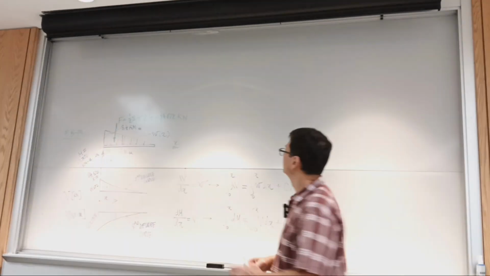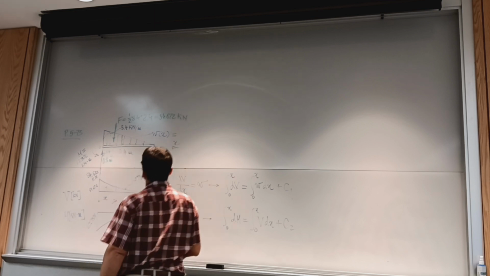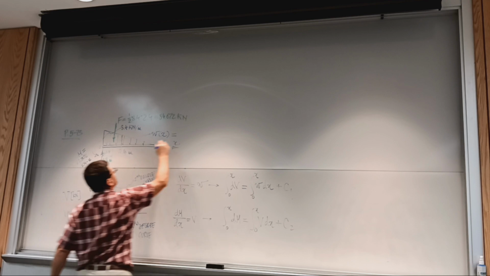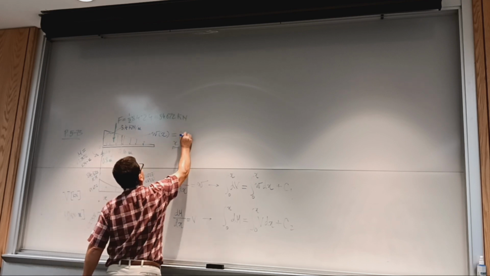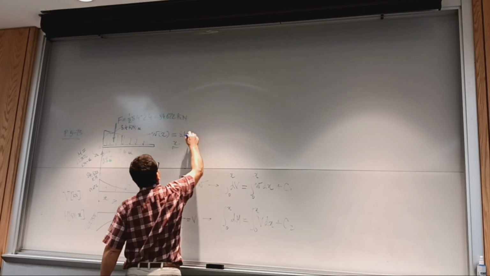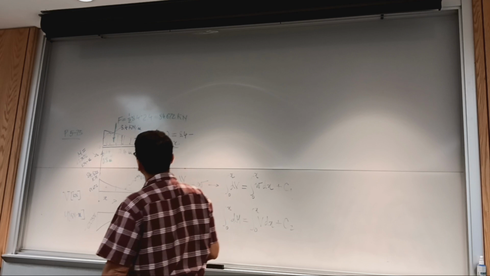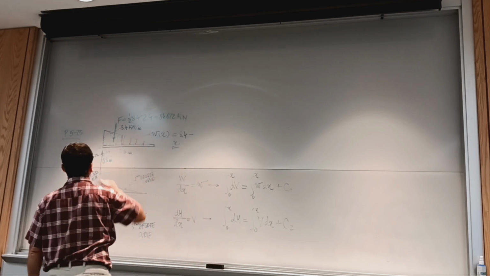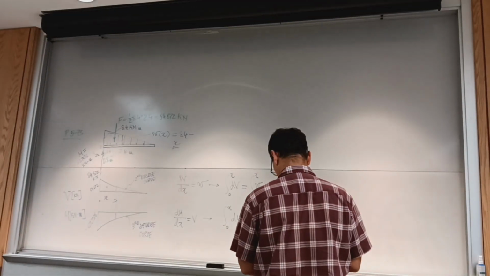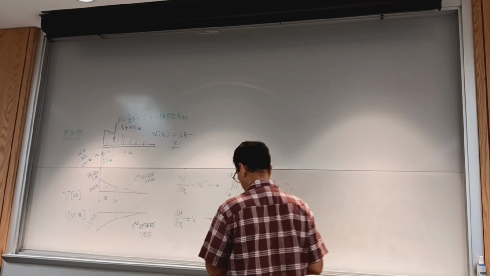I start from 8.4, so it's going to be 8.4 in kilonewton per meter. And then it goes to negative, and what's the slope? The slope is 8.4 divided by 2.4. So this is negative 3.5.